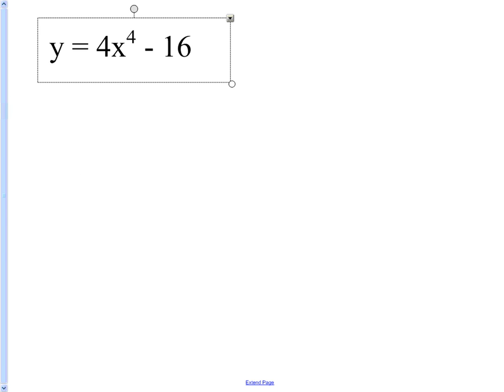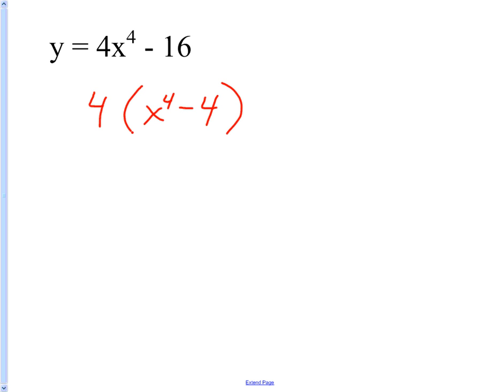Okay, moving on. This one is a lot like that last one. See if you can do this one smarter this time. Pausing while you finish. You have x to the 4th minus 4 left. That is correct. Does that look like a difference of squares? X squared.